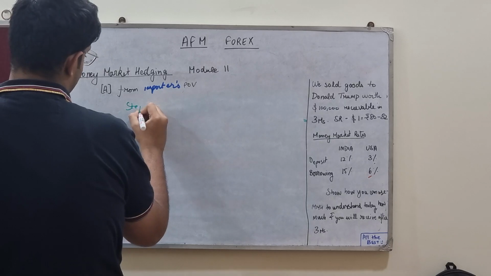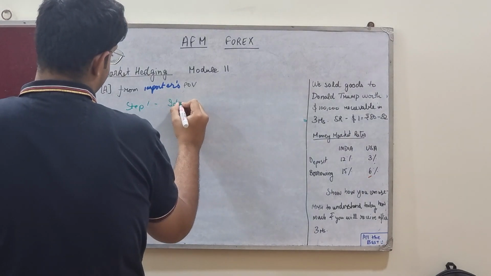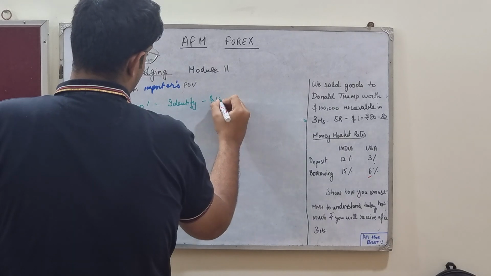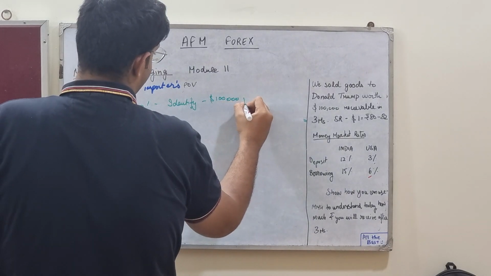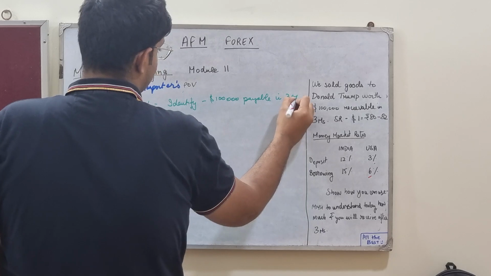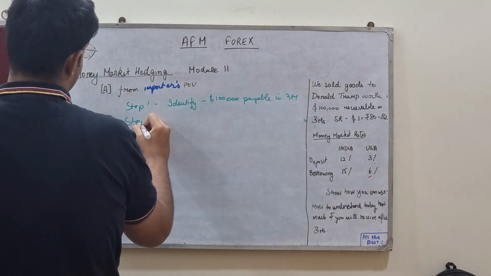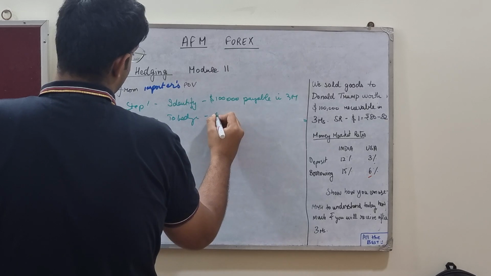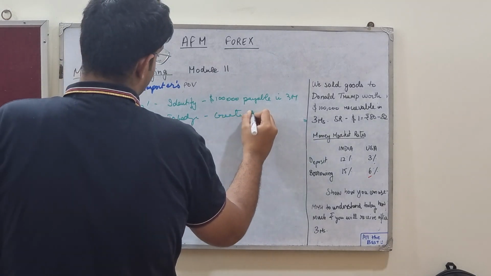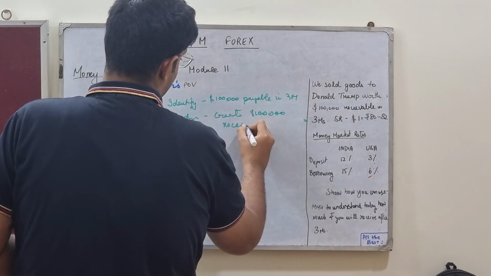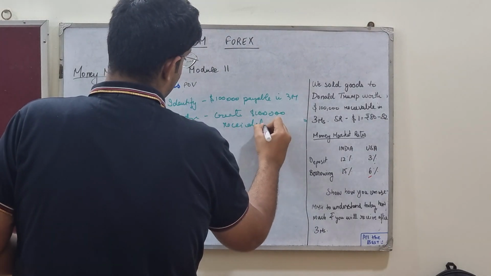Step 1 is identify. That would be $100,000 payable in 3 months. Step 2 would be to hedge, create $100,000 receivable in 3 months.